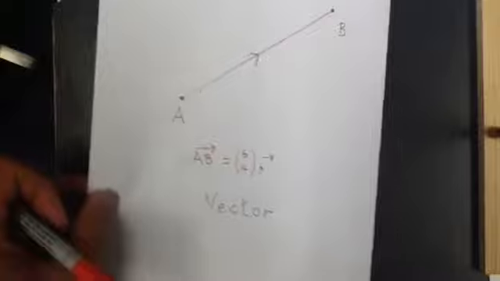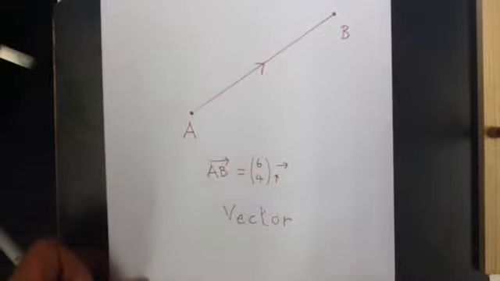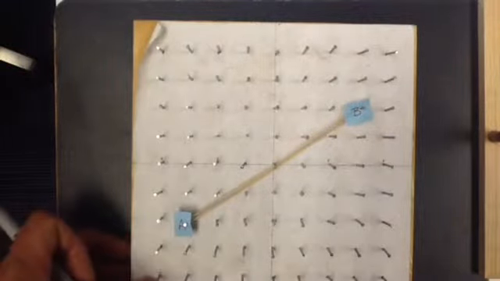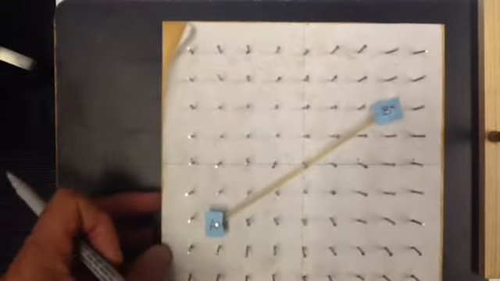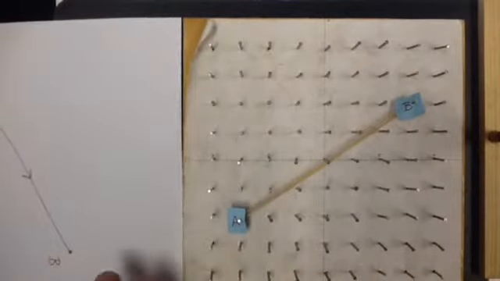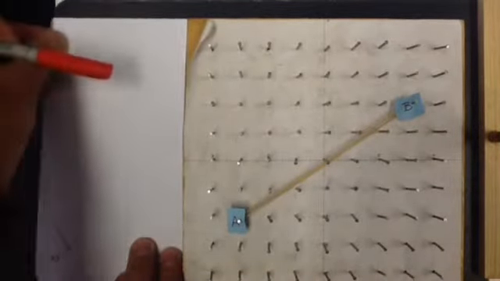So, let's just check that you have got this idea. Back to my pinboard, move it over there like that. Then I can put in a bit of paper there like that.